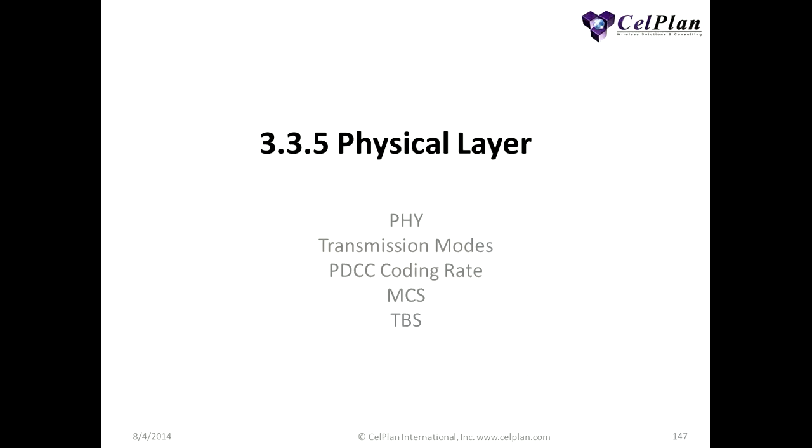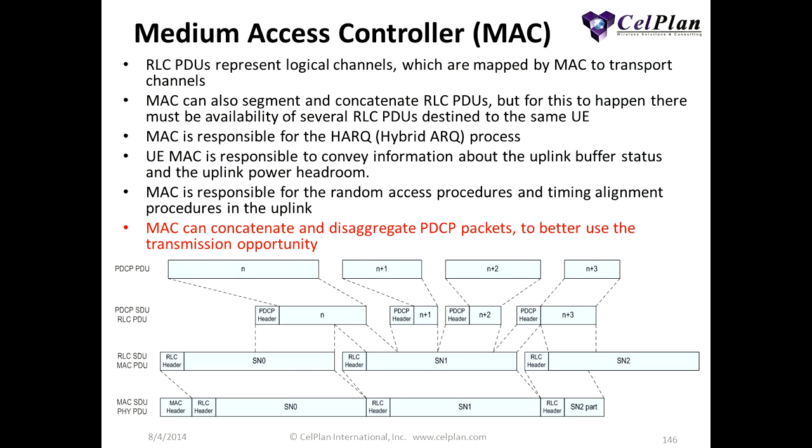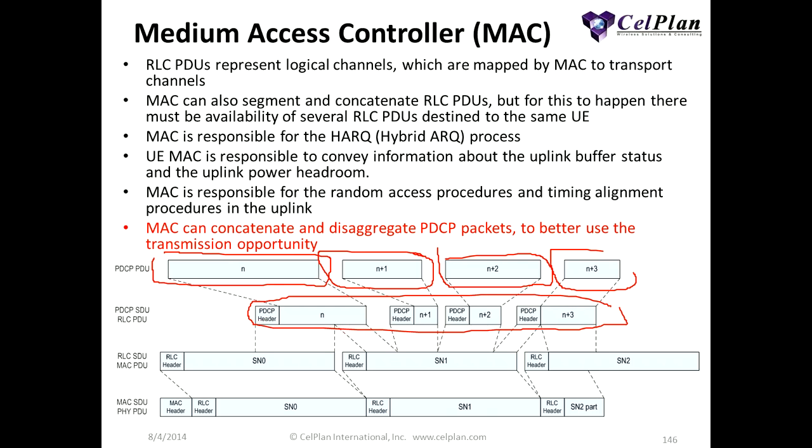Okay, the MAC layer. The MAC layer basically will receive the PDCP packets, and it will rebuild them. Basically the MAC layer receives from the PHY information: look, I have an opportunity to send data that can take this amount of information.